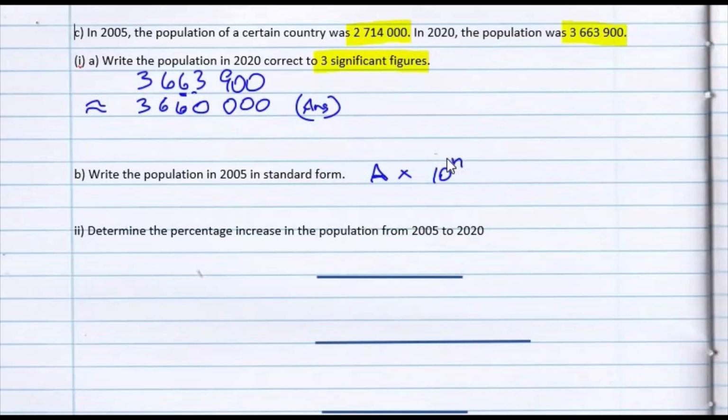And that power must be an integer, meaning a negative whole number, 0, or a positive whole number. So remember, A must be a number between 1 and 10. It could also be 1. And N is an integer. An integer, again, is a positive or negative whole number, and it could also be 0.